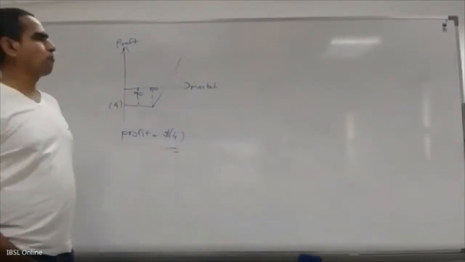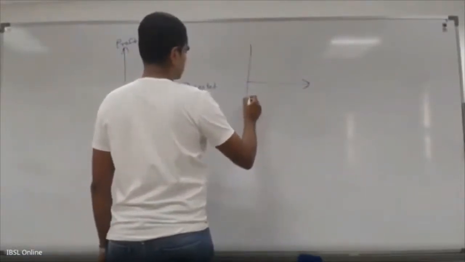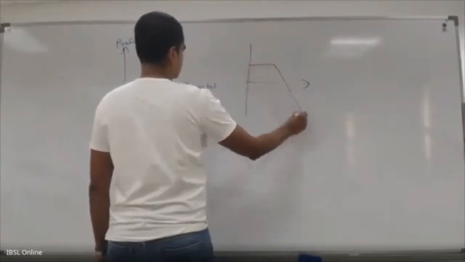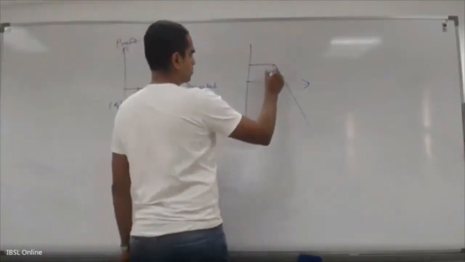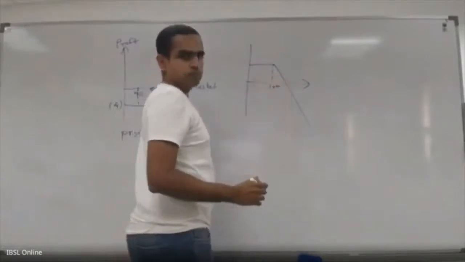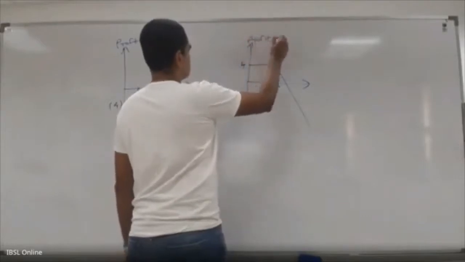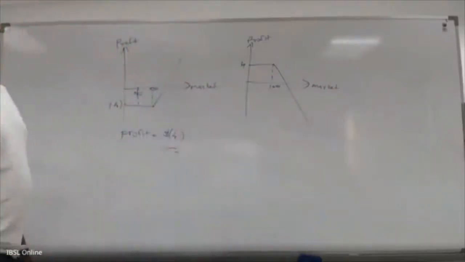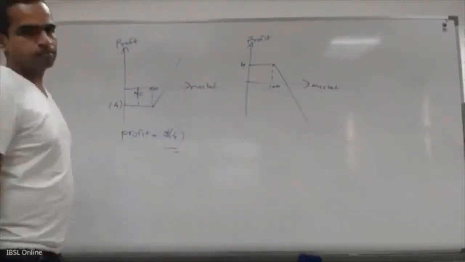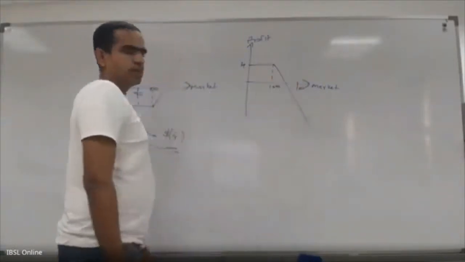Next one is short. Strike price 100. Premium 4. Stock price 110. It's in the money.